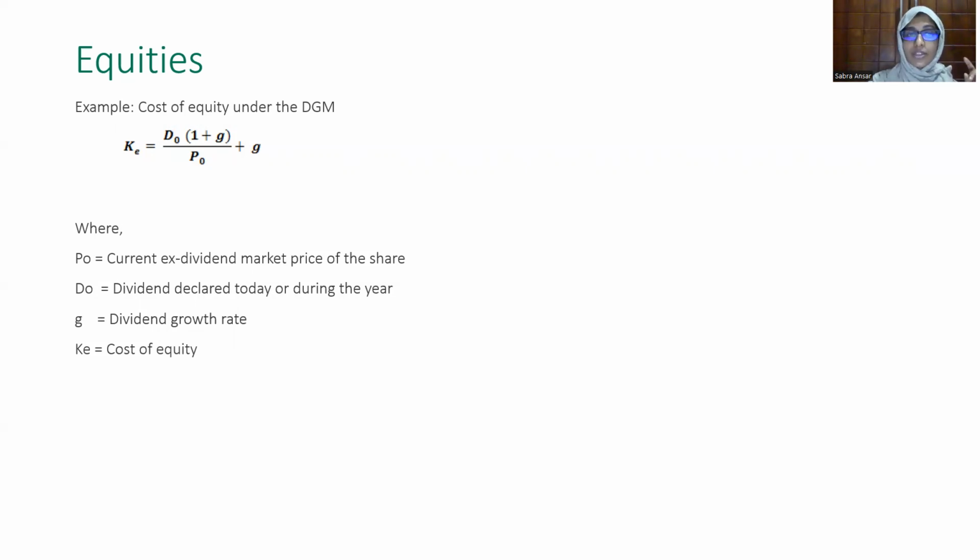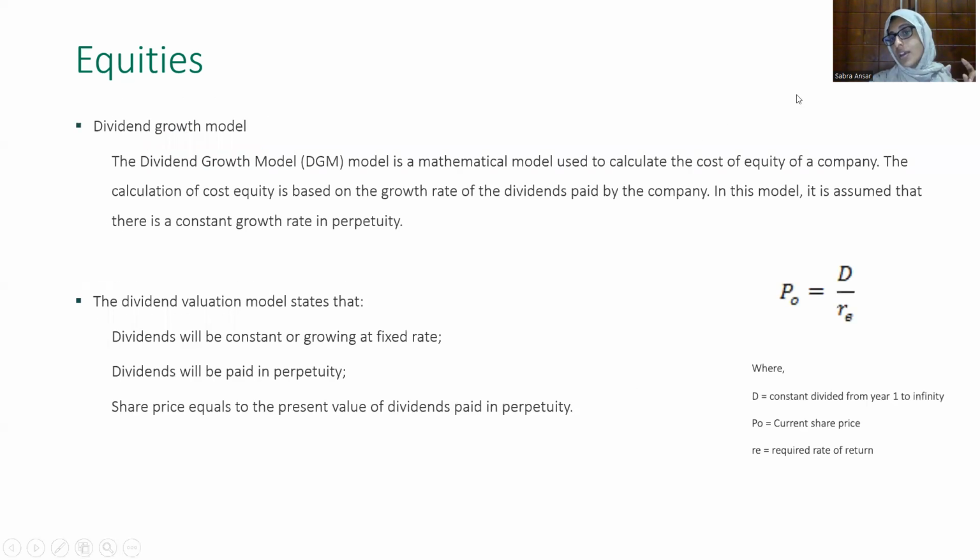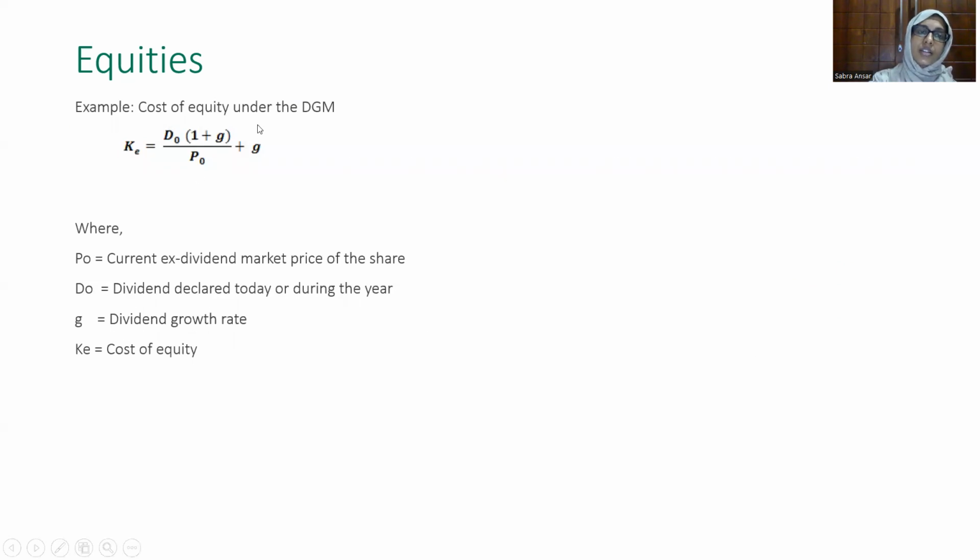And this P0 is how we calculate the dividend from year one to infinity divided by the required rate of return. For this, you add the dividend growth rate again. This is how we calculate the cost of equity according to the formula.